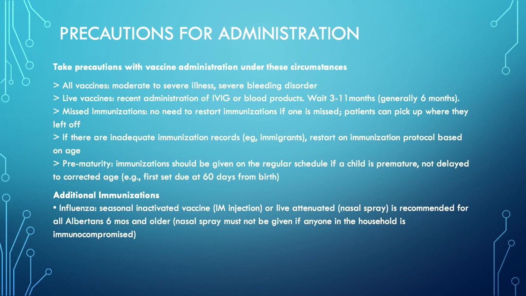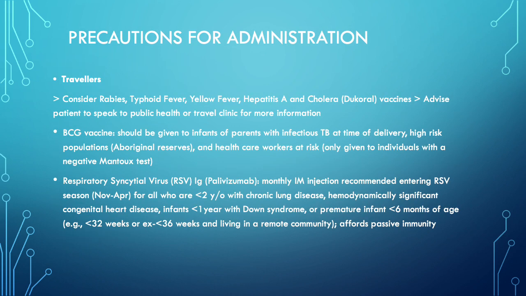And additionally, there's also the influenza vaccines, which should be given seasonally and are recommended for all, especially in Alberta, all Albertans are given the influenza vaccine from 6 months of age. Also, travelers, there are some specific vaccinations to consider, like the typhoid, yellow fever, cholera, depending on where you're traveling to.